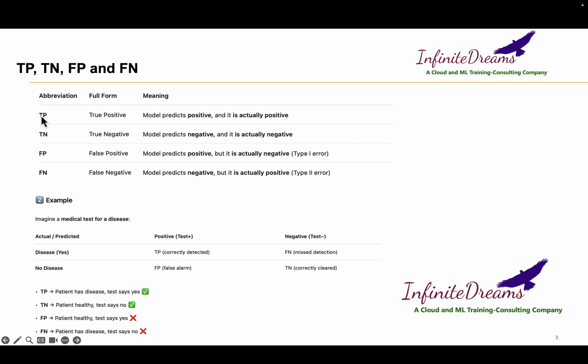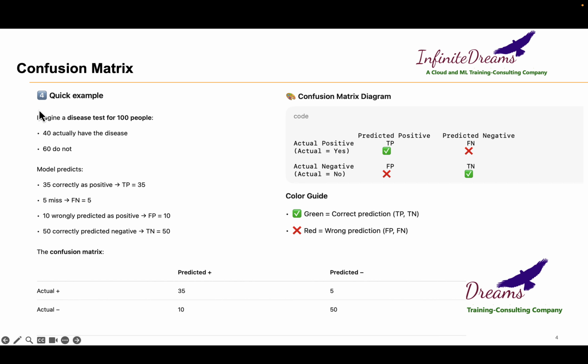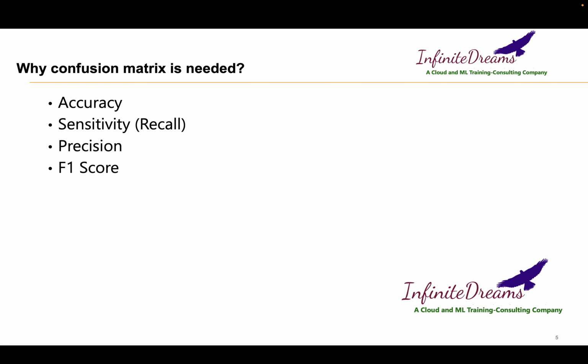And remember the trick I gave you for these words: true positive, true negative, false positive, false negative. The last word always corresponds to the model and the first word always corresponds to the real data. Using the confusion matrix you can tell four parameters of performance: model accuracy, sensitivity, precision and F1 score.